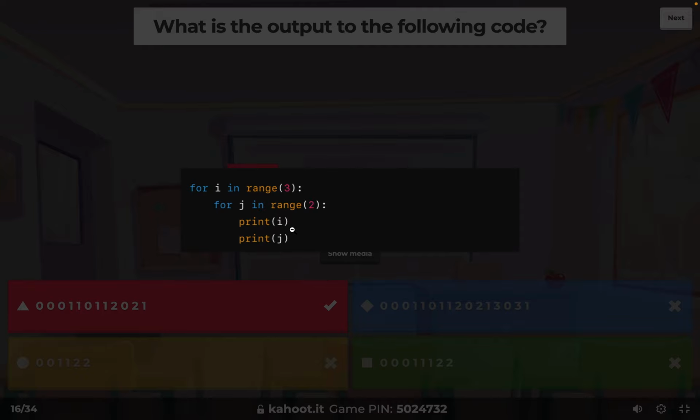So this is revising the references stuff. Yeah, so most people got that well done.